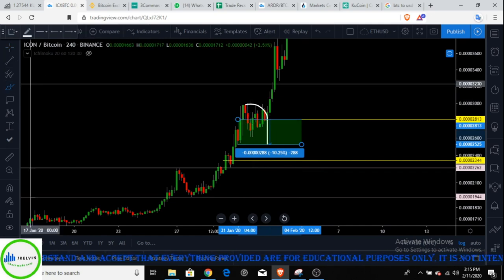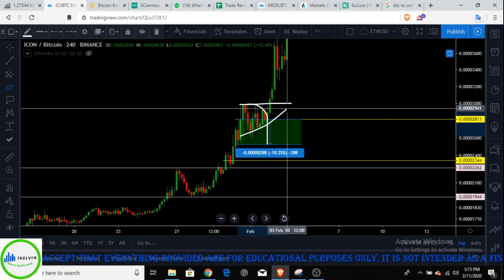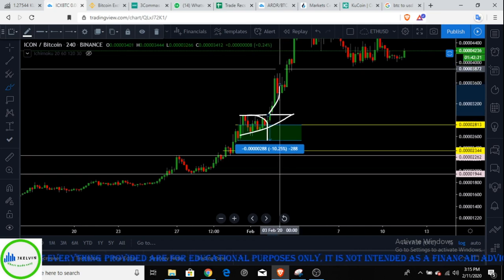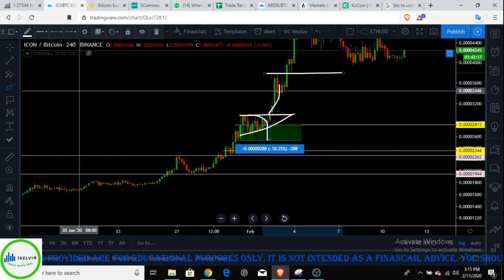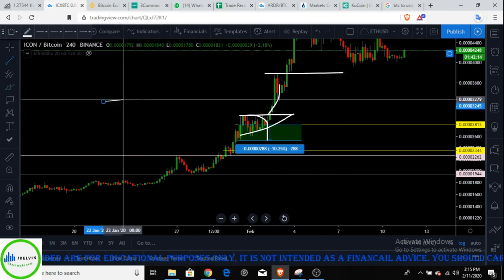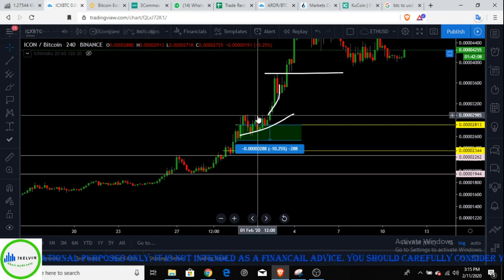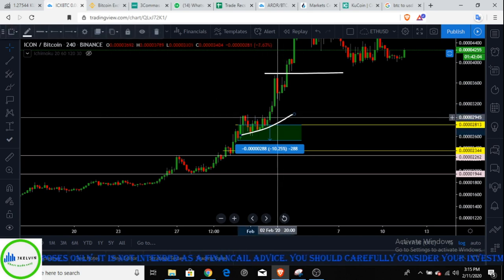Now when price moves out from this level, continues to move higher, and it gets to this level again, take note, you are still in that trade.